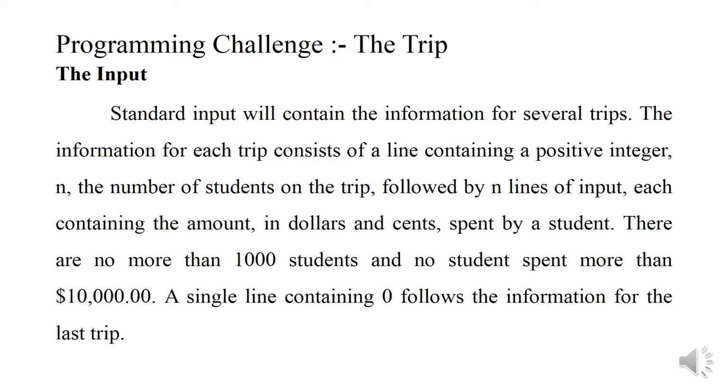The standard input will contain the information for several trips. The information for each trip consists of a line containing a positive integer n, the number of students on the trip, followed by n lines of input.